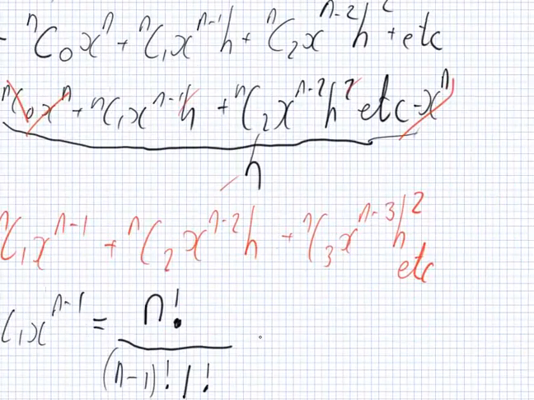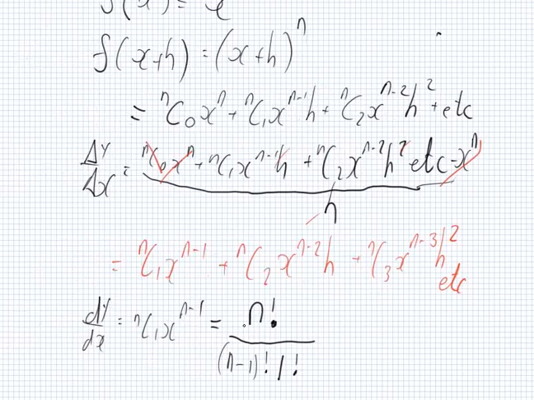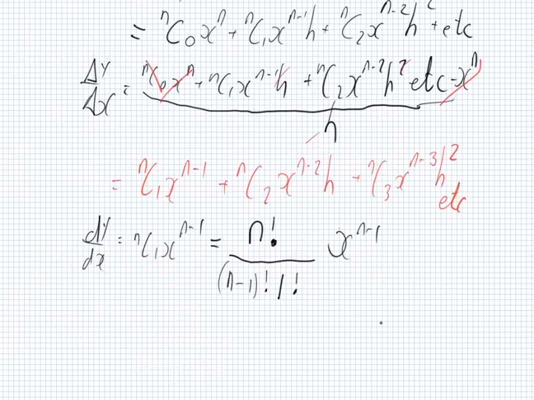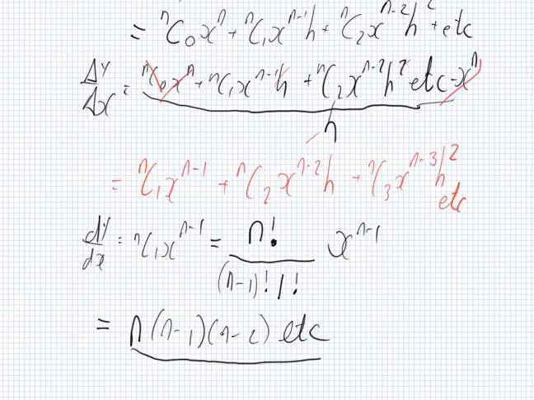Now, times x^(n-1). Now, what is the definition of n factorial? It's n times (n minus 1) times (n minus 2), etc., all over. And what about (n minus 1) factorial? That's n minus 1, and then what's before that?